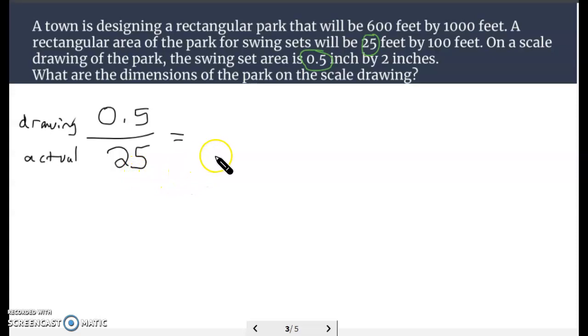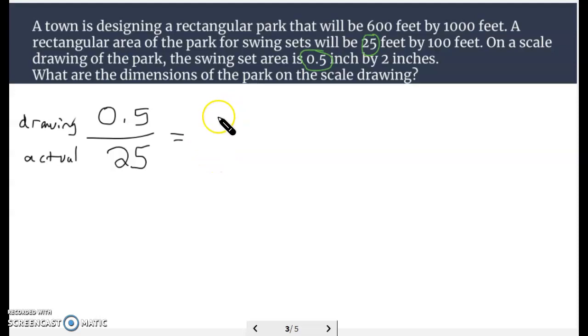We need to find what the park is on the drawing. So this 600 here matches the smaller dimension of the park. So that 600 is going to go right here. And this x right here will tell us the dimension of the whole park on the drawing.